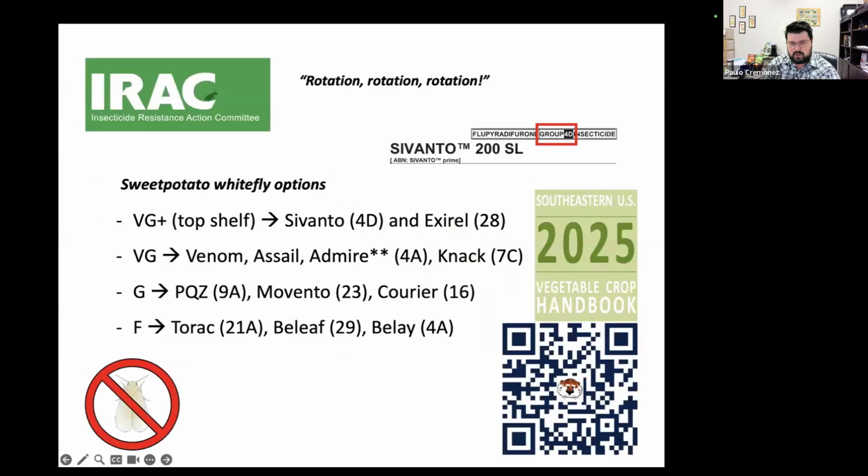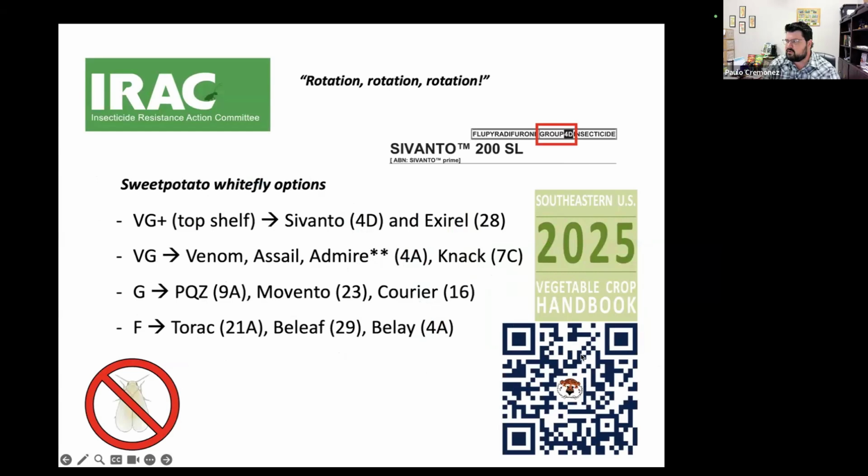Okay. Bottom line here, just wanted to show from the insecticide options for whitefly control, the very good plus option, the top shelf option that we have right now, is Sivanto Prime and Exerel. Very good options that you can include in the rotation scheme are Venom, Assail, Admire, and Knack.